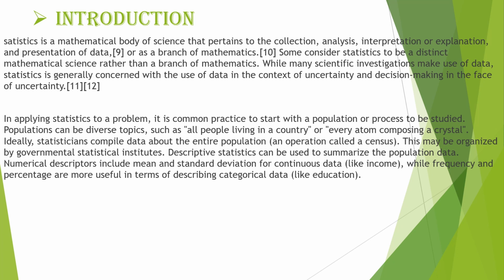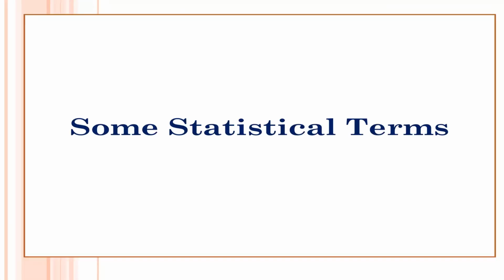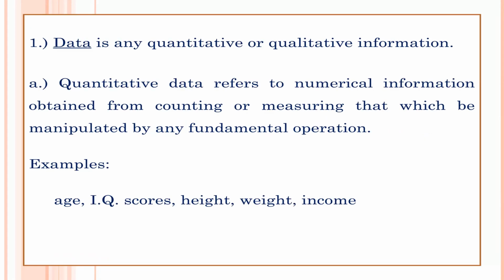They may be organized by governmental statistical institutes. Descriptive statistics can be used to summarize the population data. Numerical descriptors include mean and standard deviation for continuous data, while frequency and percentage are more useful in terms of describing categorical data. Some statistical terms.